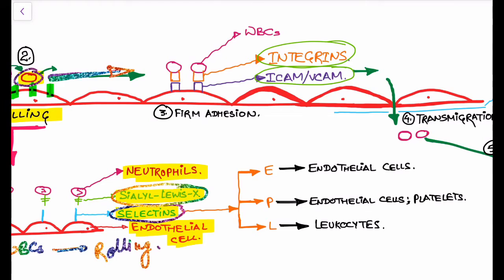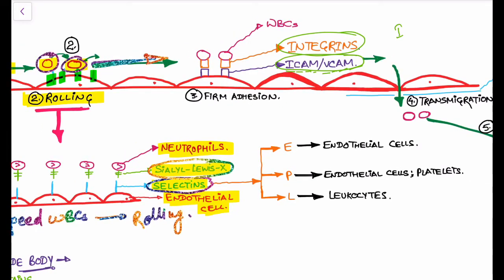ICAM is intercellular adhesion molecule, and VCAM is vascular cell adhesion molecule. Here, in case of selectins, we have three kinds: E selectins, P selectins, and L selectins. E selectins are mainly present on the endothelial cell. P selectins are mainly present on the endothelial cell and platelets, and L selectins are mainly present on the leukocytes.